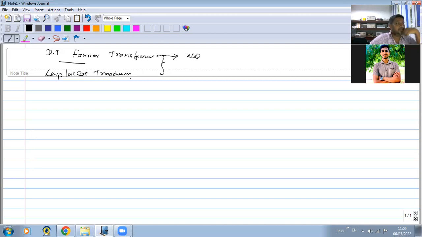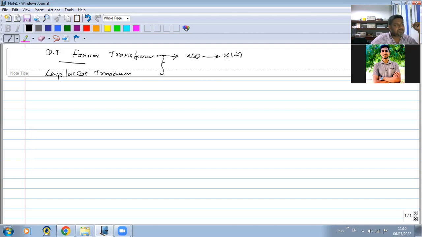So in Fourier transform, I think you can remember because you learned it in previous weeks, you convert a time domain signal into a frequency domain signal.